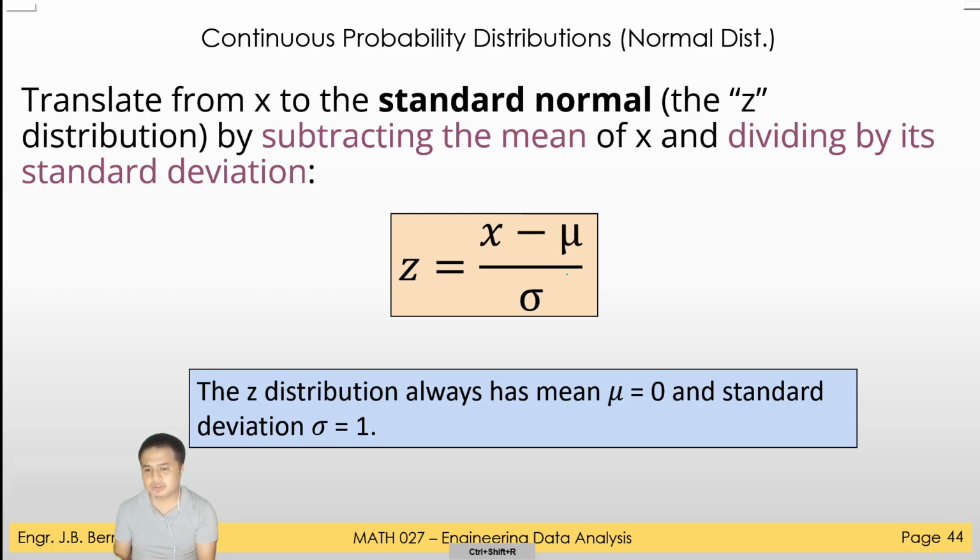Given your continuous random variable x, after finding the population mean and the population standard deviation, you can transform it into its z-score. After that, you can just use the table to find the probability at that specific z-score.